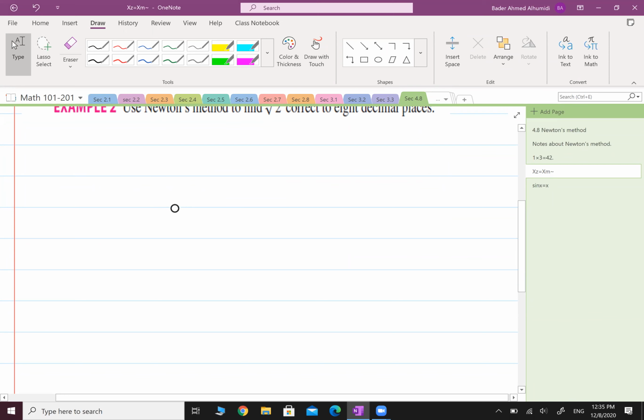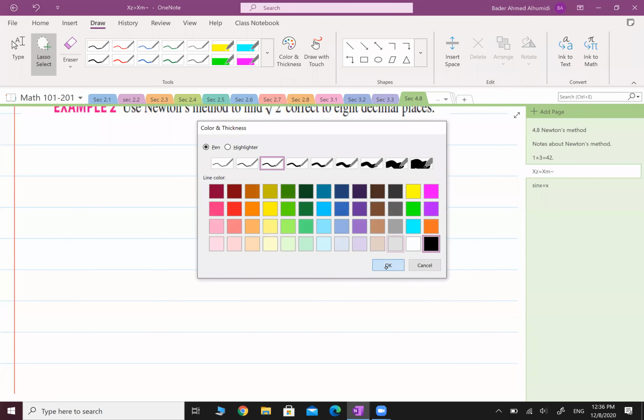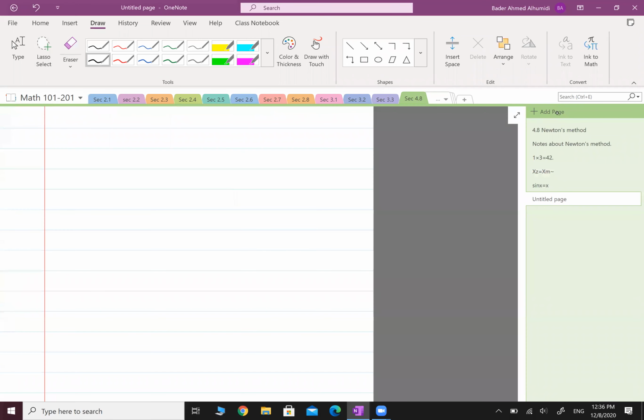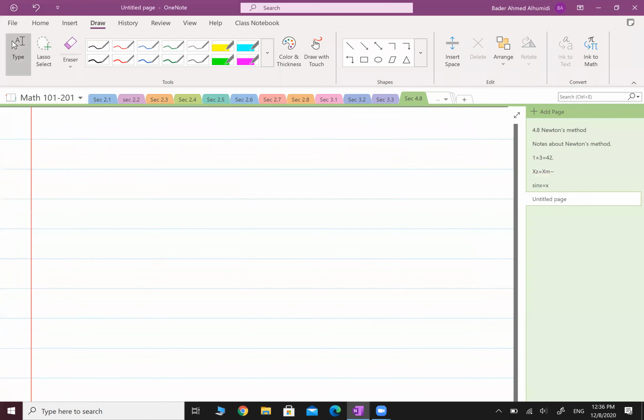They said, if the x-intercept of the tangent line to the graph of f of x, which is given, is this. Let's formulate a question, what do you think? Okay, let's put it in the margin here and then I will show you how.